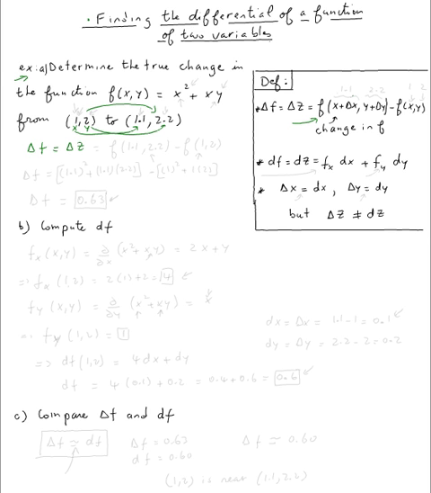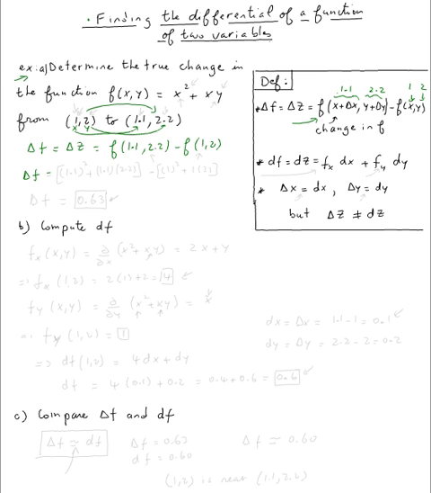In this case, x happens to be 1, and this whole thing is 1.1. This whole thing is 2.2. The x happens to be 1 and the y happens to be 2. But the delta x, we're going to calculate it later anyway. So this is going to be f(1.1, 2.2) minus f(1, 2).